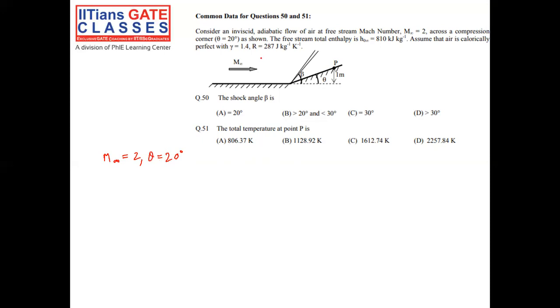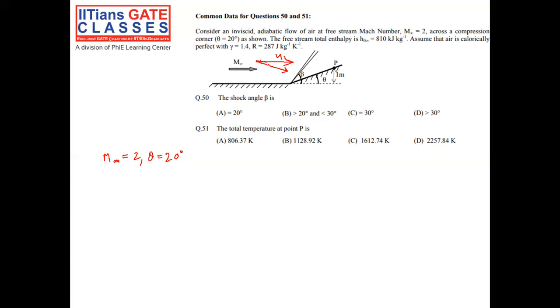So this is the flow downstream of the oblique shock, and the shock angle is beta. This is U1, right? And this U1 will have two components.